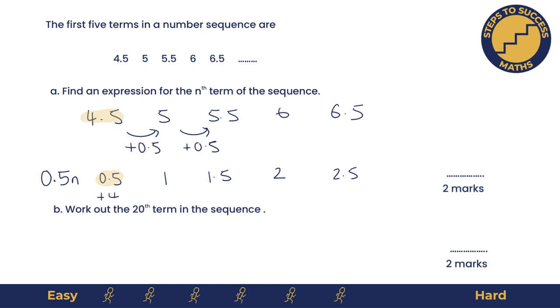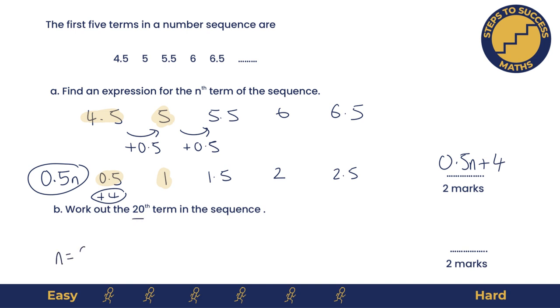We've got 1 and we want 5, so we need to add 4. We've got 1.5 and we want 5.5. We need to add 4. So our sequence is 0.5n plus 4, the nth term of our sequence, the rule. Now we can use this to work out the 20th term.